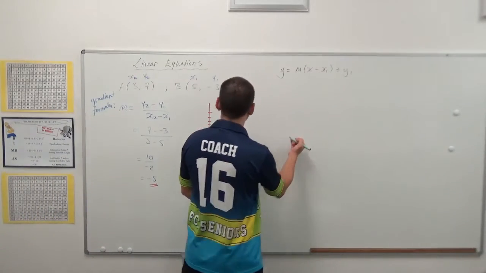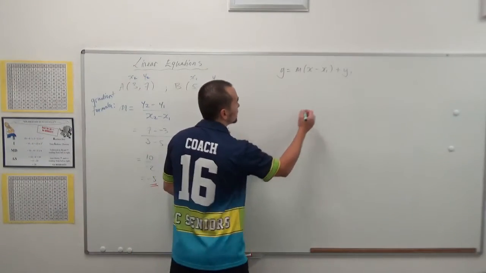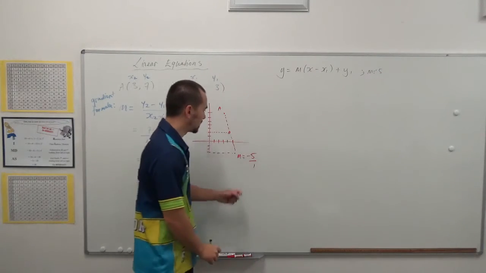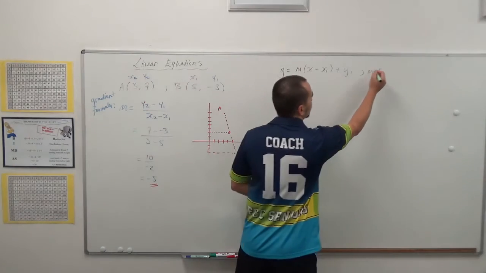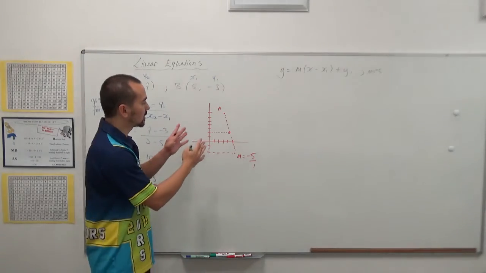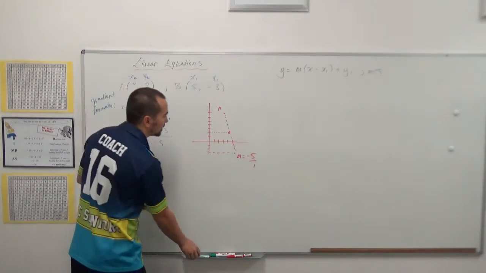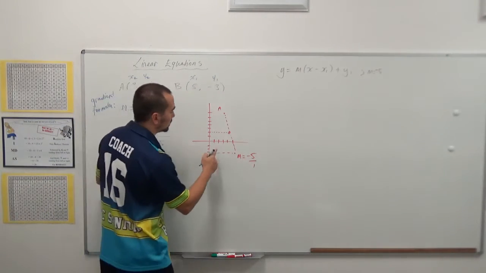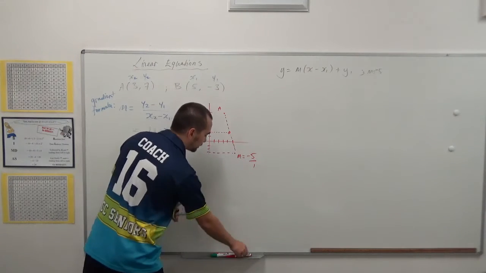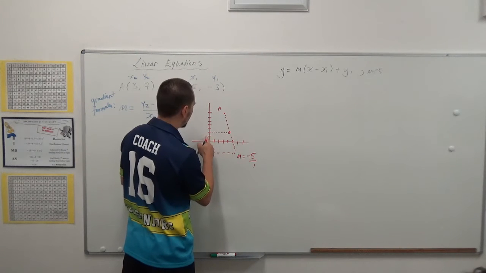So if we said that the gradient is negative 5, which is what we just used, and we said that we want to come up with the equation that goes through 1, 2, 3, 4, 5, 6, let's say 7, 3, 1, 2, 3.